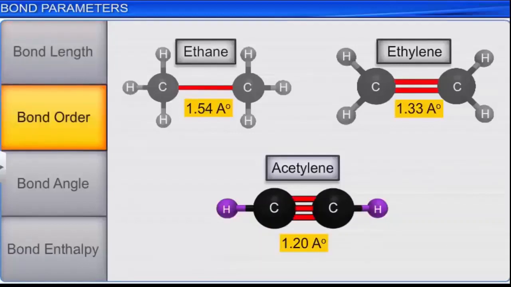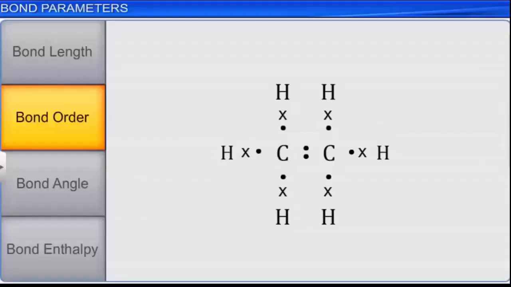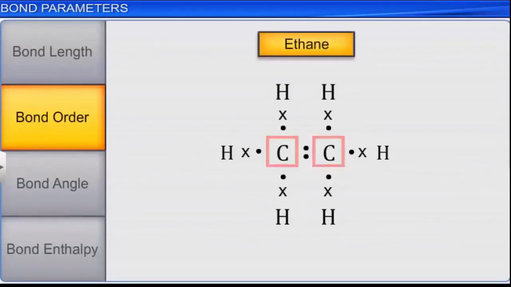The number of chemical bonds between a pair of atoms in a molecule is called the bond order of the molecule. Bond orders can be calculated from Lewis structures. For example, in ethane, two carbon atoms share one pair of electrons.